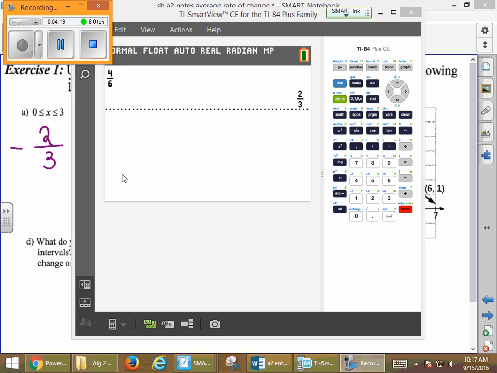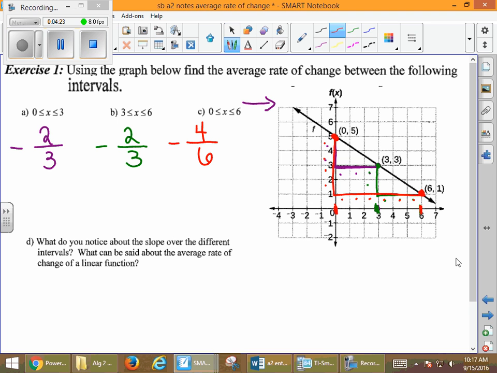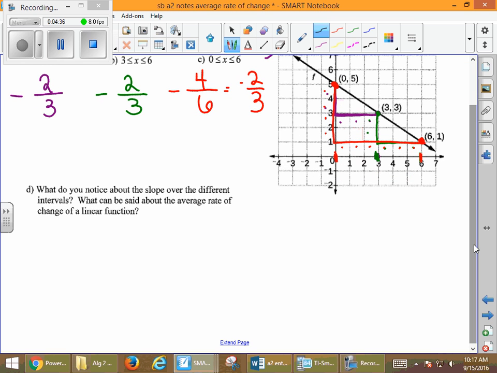I forgot to type in the negative, but we can still write that back in here. When we simplify this, this becomes negative 2/3. And what do you notice about all 3 of those average rate of change, Tiffany? They're all negative 2/3. In fact, we can say, what do you notice about the slope over the different intervals?